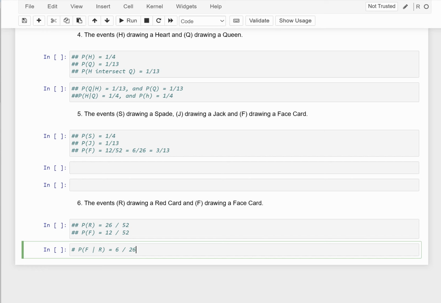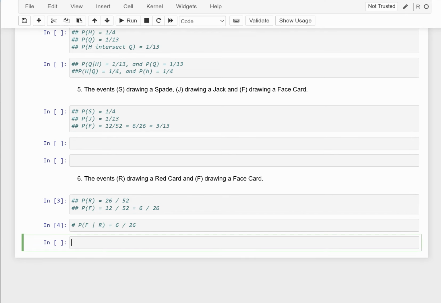Let's reduce a little bit to see, because is 12/52 the same as 6/26? Well, yes, if I divide both the 12 and the 52 in half, you can see that events F and R are independent.